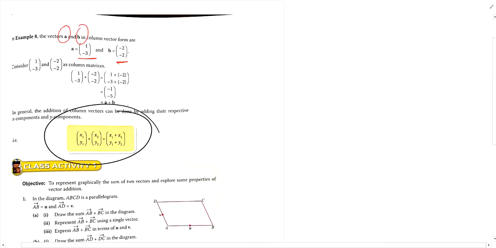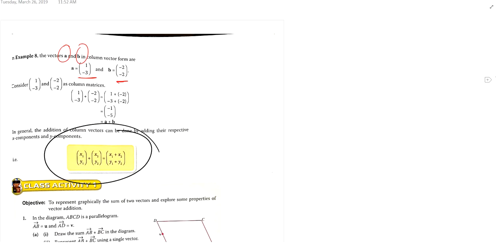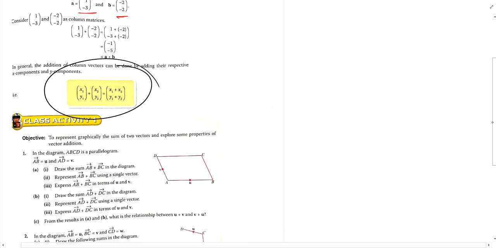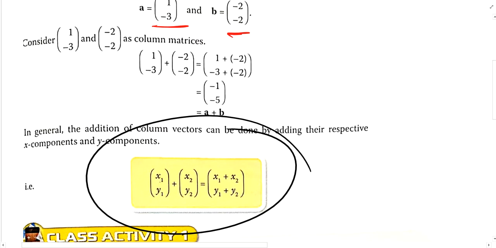So this is the summary of what we have just said. That is found on page 169. Basically, when we have vectors like this, x1, y1, there is a reason why they use x and y.